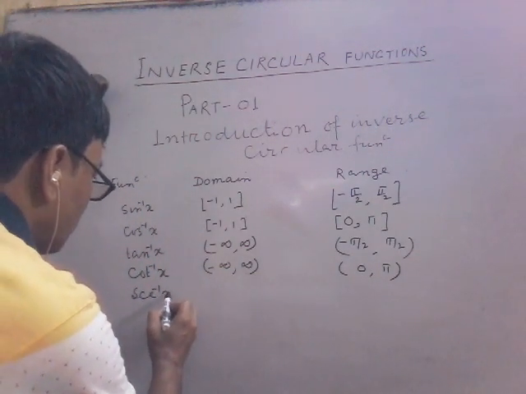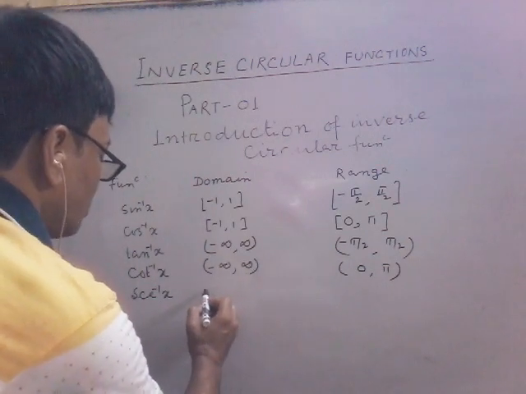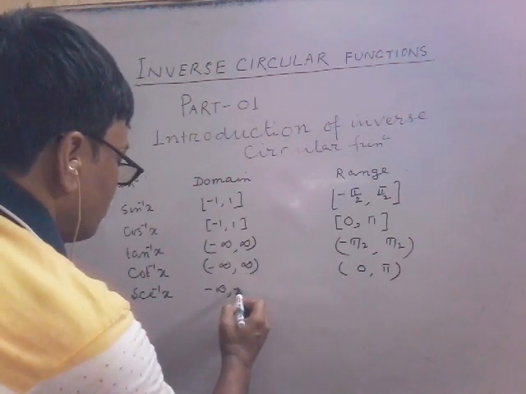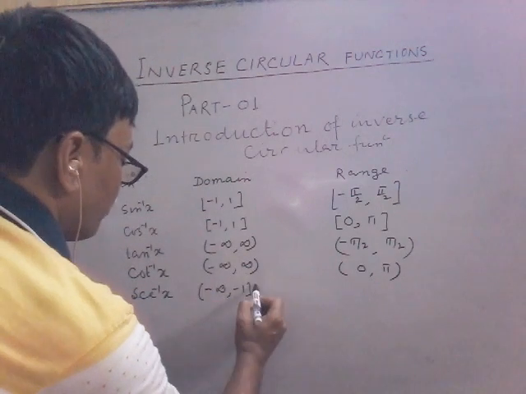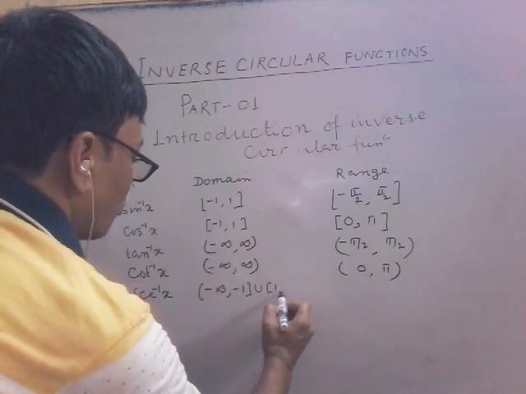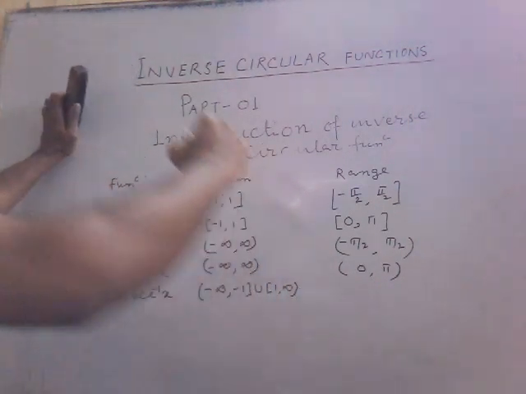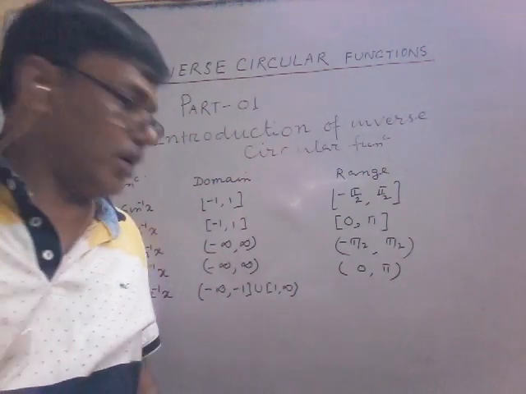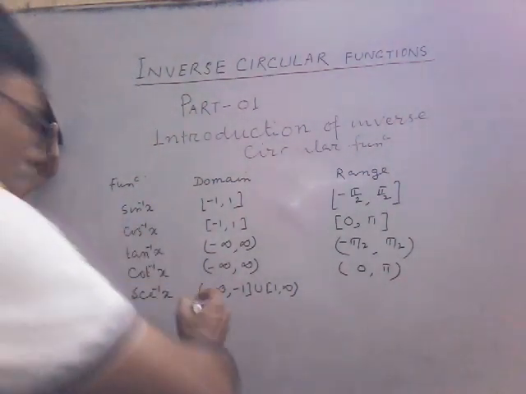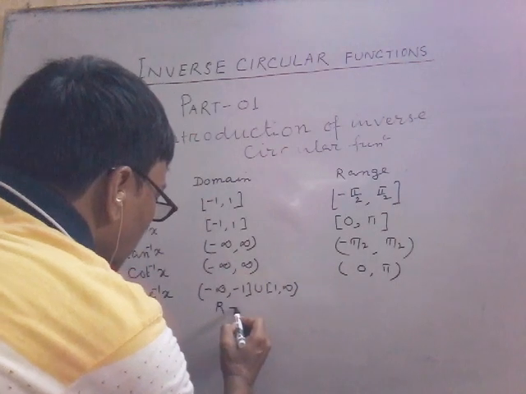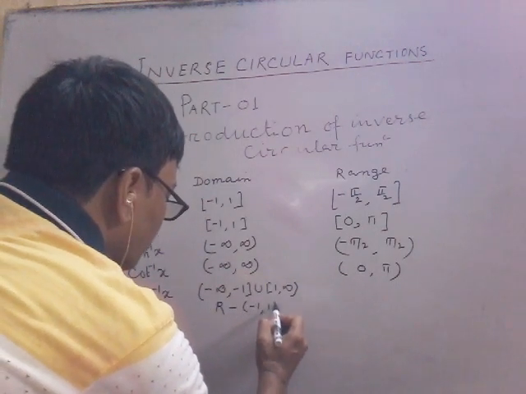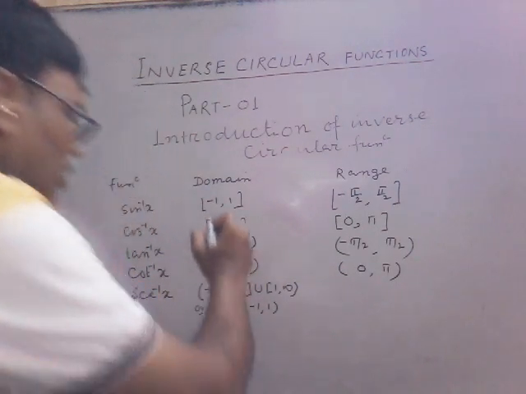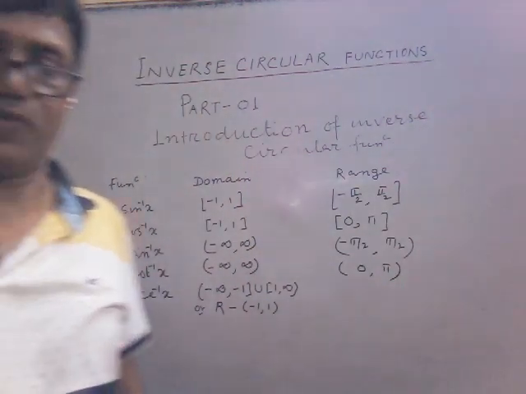Now sec inverse x. What is domain? -infinity to -1, union 1 to infinity. You can write it also in other forms, like R minus open interval -1 to +1. There are many alternatives.